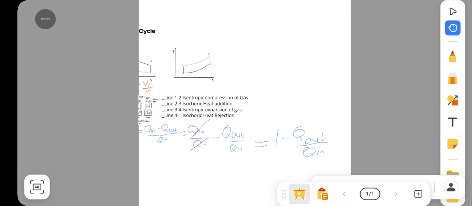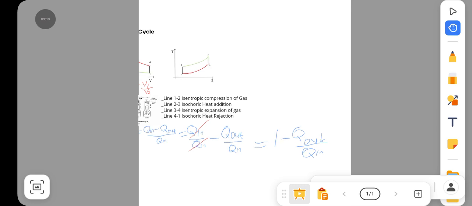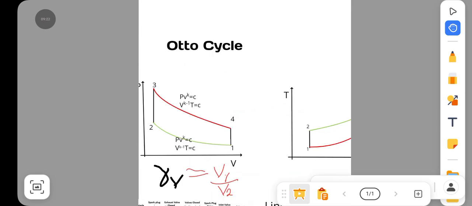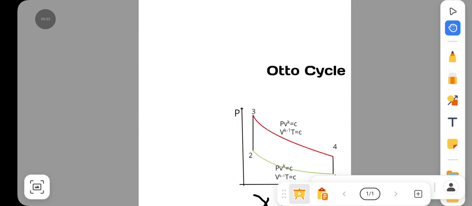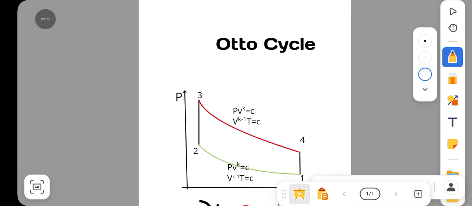Then what are Q out and Q in? They have their own formulas. Q in is our heat added, and Q out is our heat rejected. In the diagram over here, Q in is added from 2 to 3, where we have our isochoric heat addition.